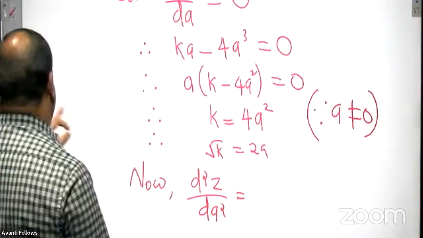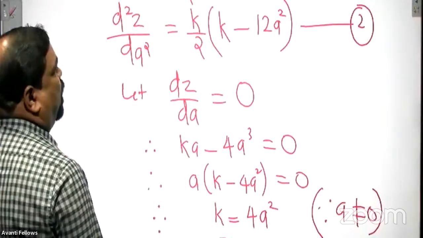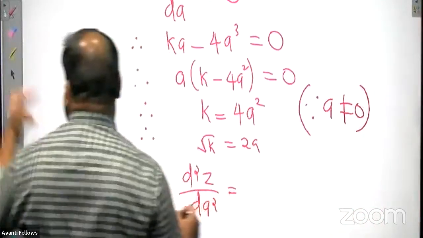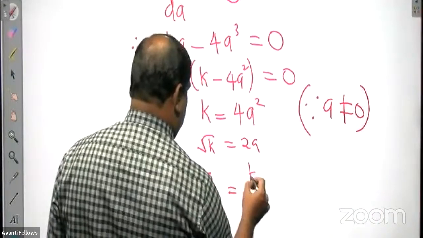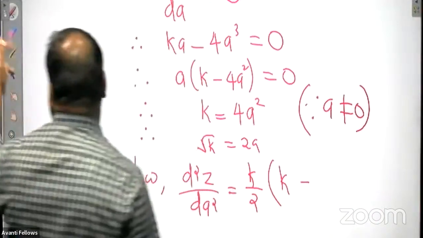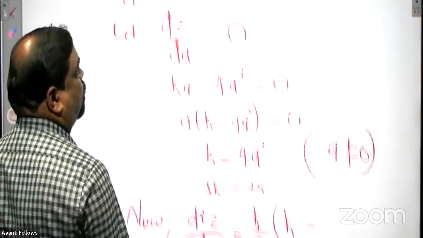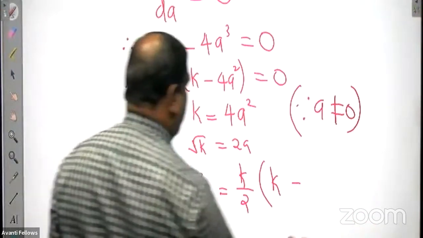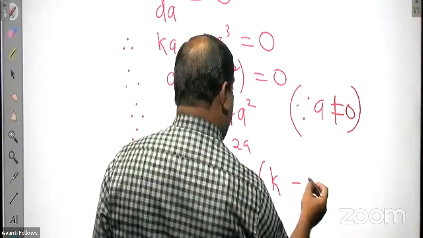Substitute in the second derivative: k by 2 and in bracket k minus 12a square.